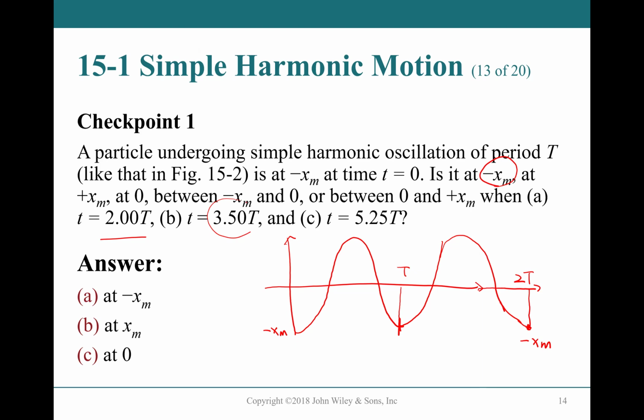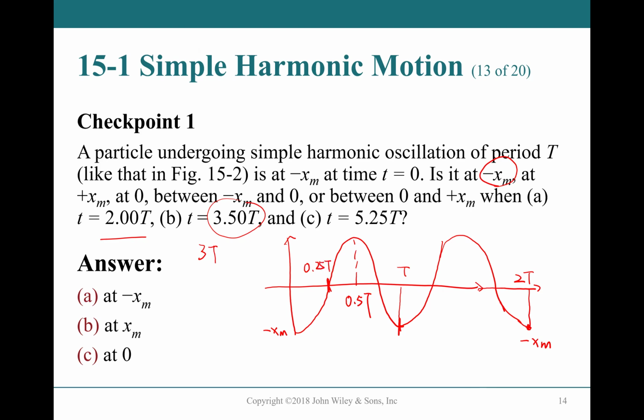But for 3.5T, because the motion is periodic, after 3T it goes back to the initial position, and then this is 0.5T. Okay, wait, where's 0.5T? I didn't do it right. This is 0.5T. And what is this? This is 0.25T.